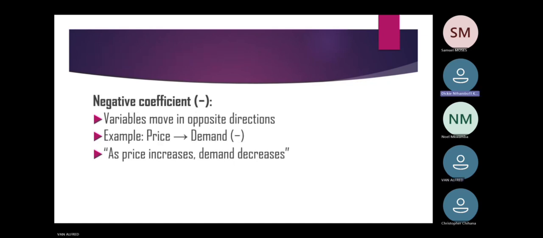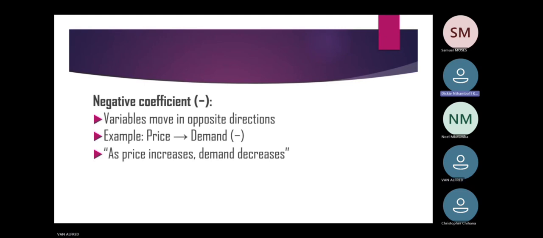Let's look at the negative coefficient. This is just the opposite of the positive coefficient. In a negative coefficient, variables move in opposite directions. A good example is price and demand.